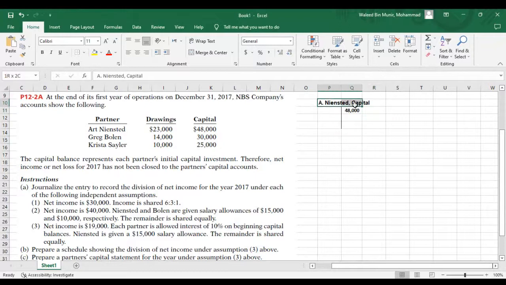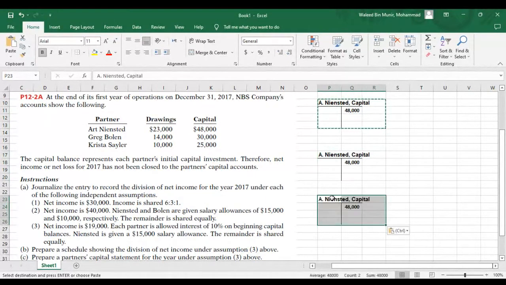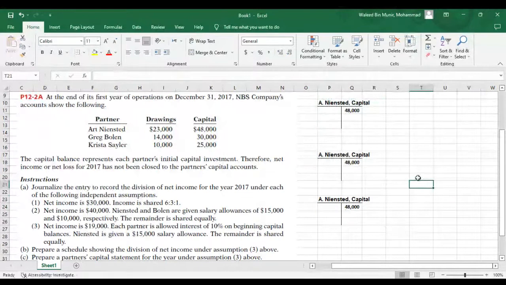We will solve this question together. This is important for your theory. Now, for example, if you look at this one here, we have three partners. Their capital account is given.